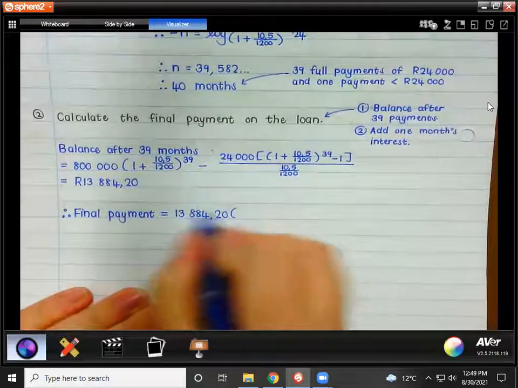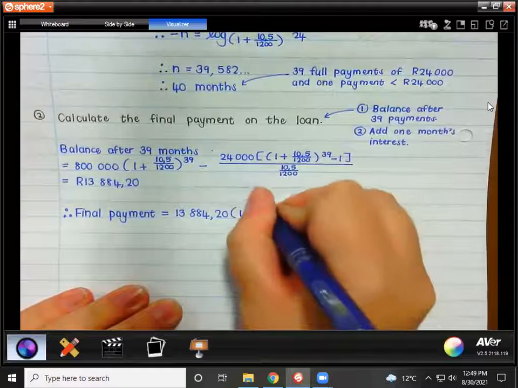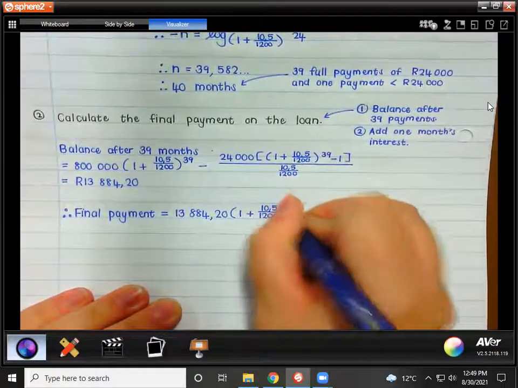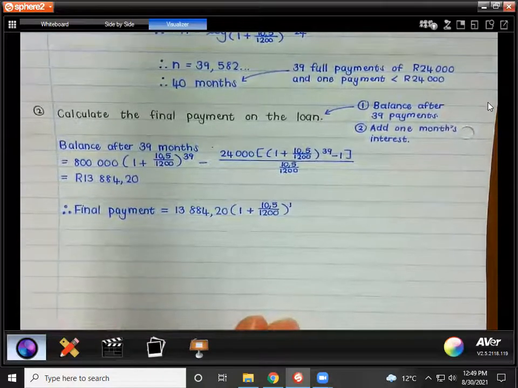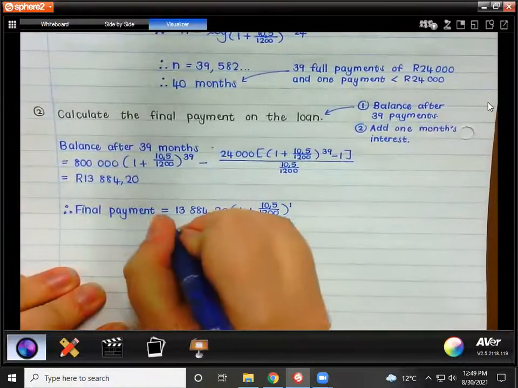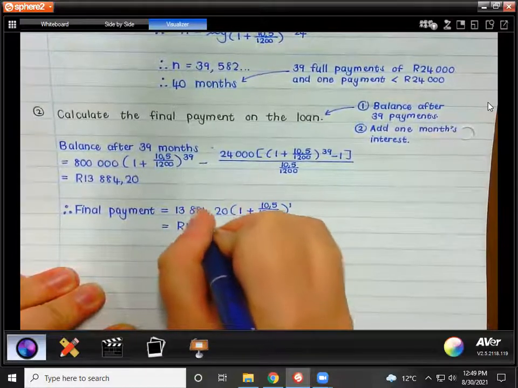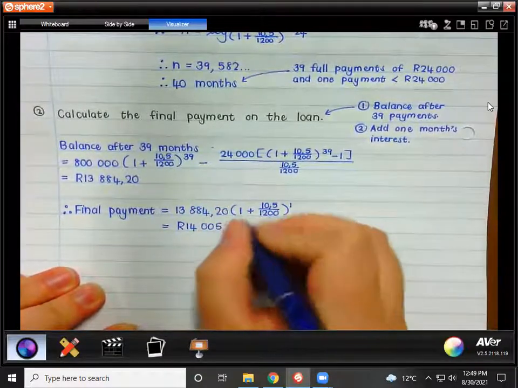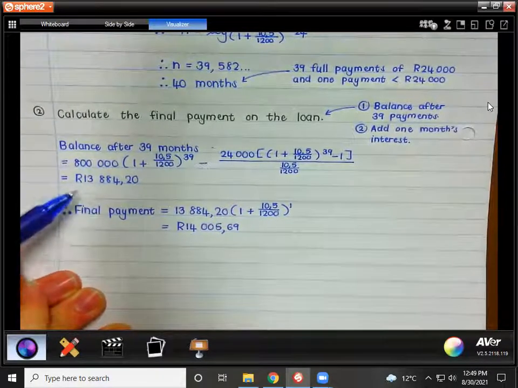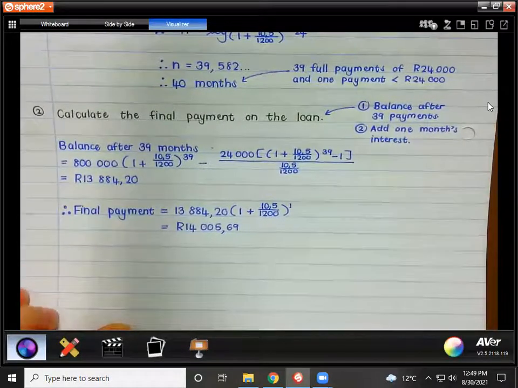All right, so just our P value now in this case is that balance, and we're just adding 1 month's worth of interest to it. So you can put it to the power of 1 if you want, just to remind yourself that it's 1 month, but obviously you don't have to. And that means that that final payment is 14,005 Rand and 69 cents. And obviously, guys, this balance, you're not allowed to round off. When you write it down, you're going to round it off, but you're going to use the answer button in the calculator.